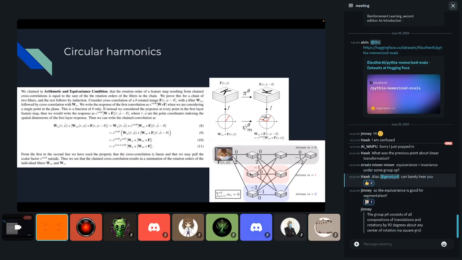So when you have an order 1 feature, what do you do with it? You can also convolve it with an order 1 circular harmonic and get a feature.